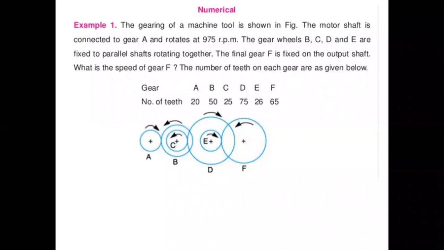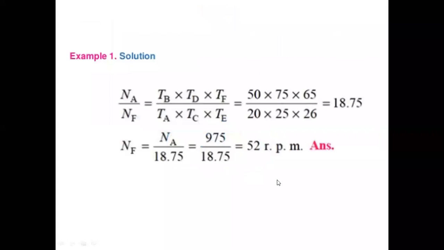So this is the compound gear train. So speed of gear A upon speed of gear F is equal to TB into TD into TF divided by TA into TC into TE, where T represents the number of teeth and the suffix letter represents the gear.